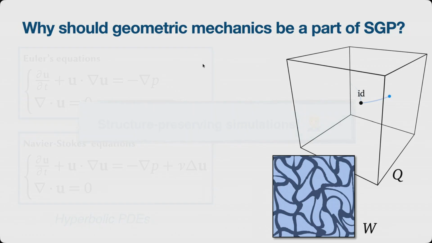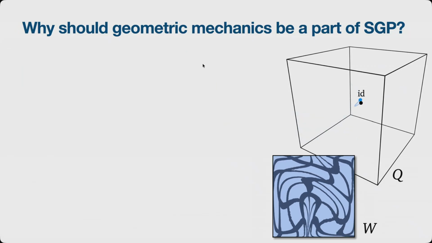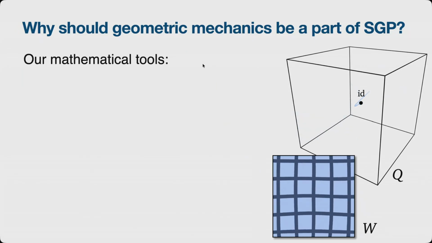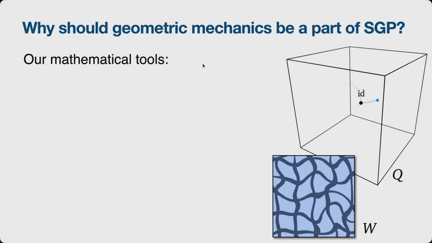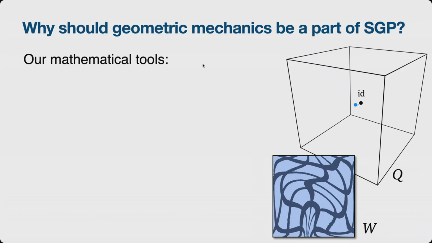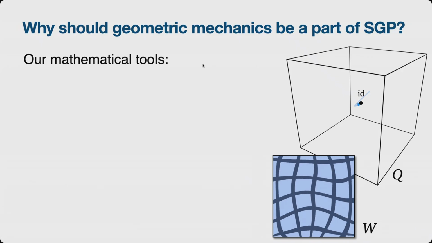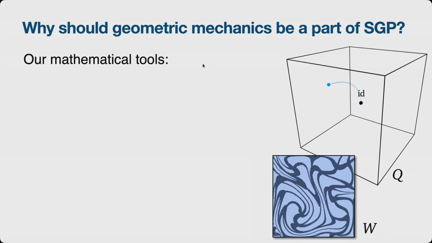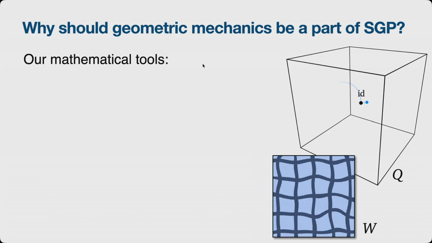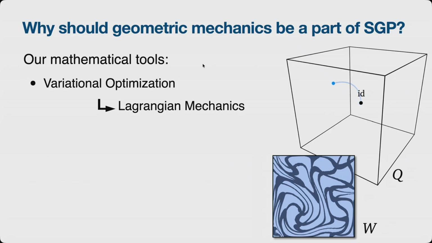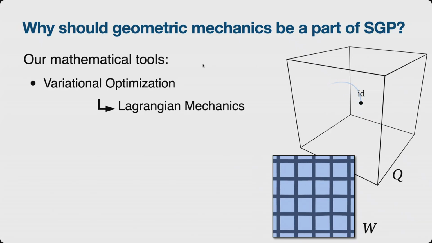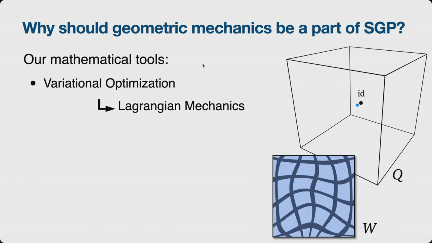Okay, so to do that, we need a set of mathematical tools. Luckily, these tools are kind of already connected to some of the ideas that you might already work with regularly in geometry processing. These ideas include variational optimization, which gives rise to Lagrangian mechanics, where we formulate physics as an optimization problem.